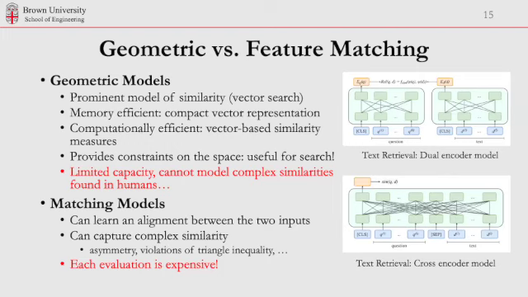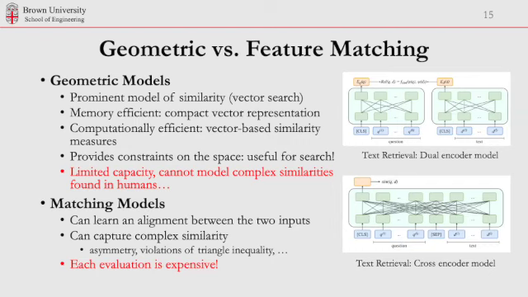Another place where they do exist is the searching with neural similarity that I mentioned. In that case, the inputs to the neural similarity model are still high dimensional vectors. It's just that now they have a more complex similarity function.